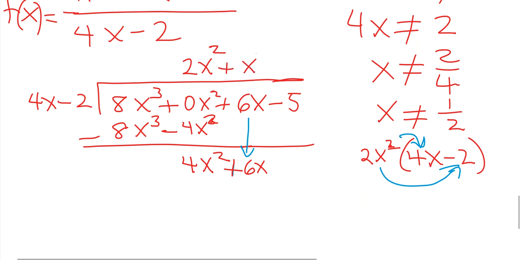And then I say, all right, now x times 4x minus 2 is 4x squared. And then x times minus 2 is minus 2x.